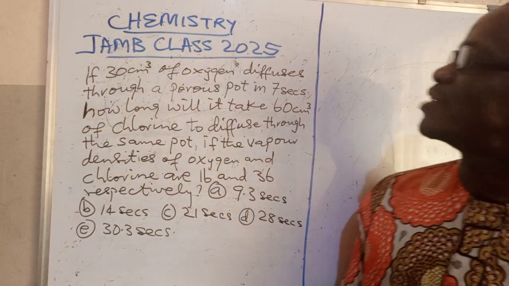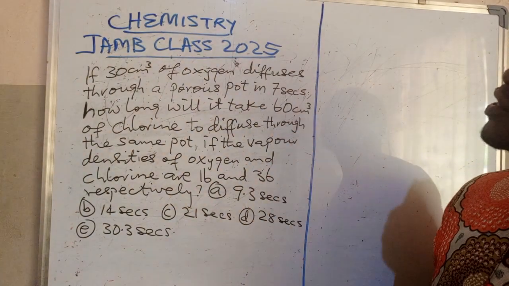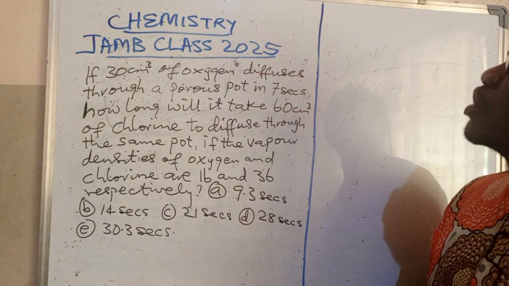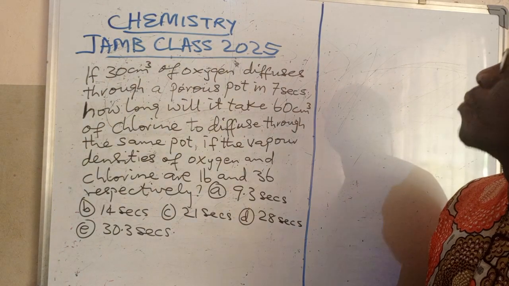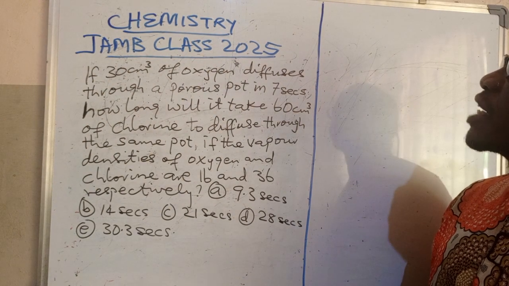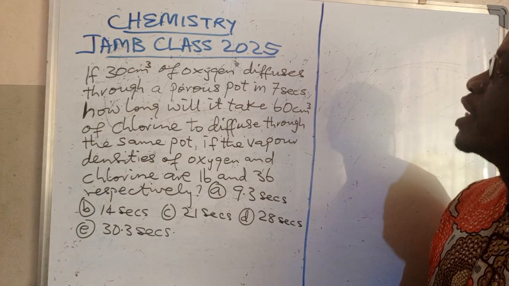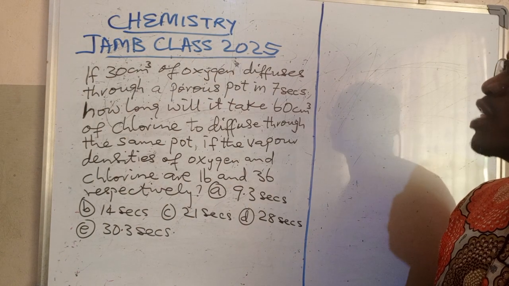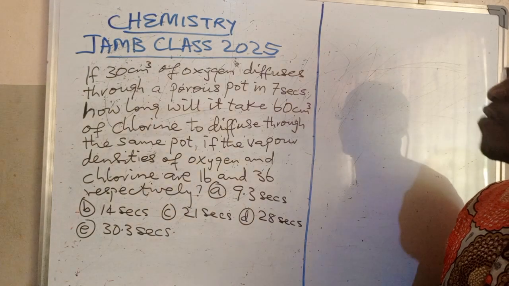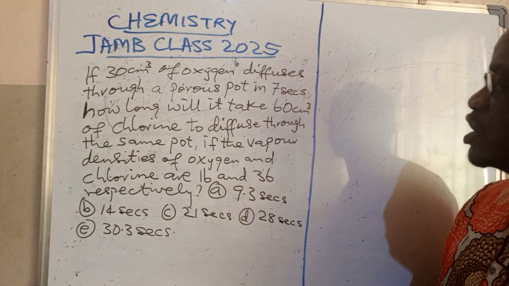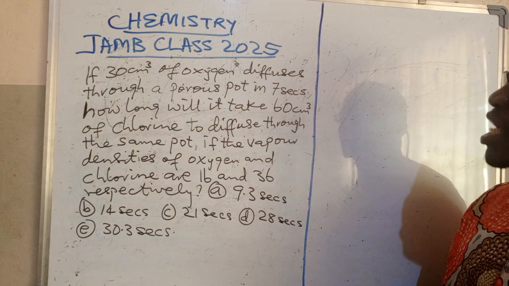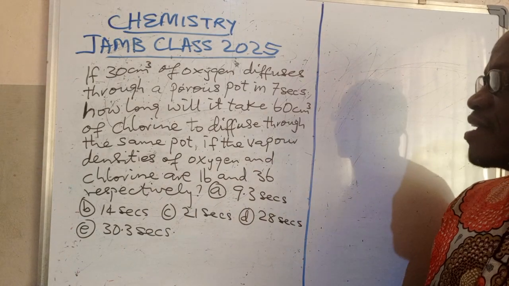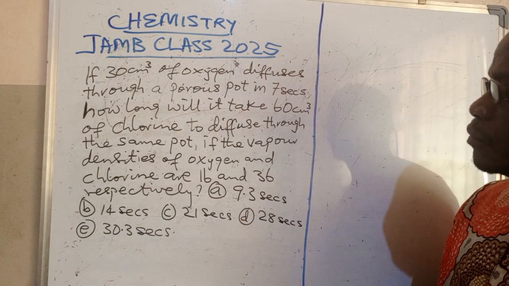So, in our class today, let's solve this problem. The question says: if 30 cm cube of oxygen diffuses through a porous pot in 7 seconds, how long will it take 60 cm cube of chlorine to diffuse through the same pot if the vapor densities of oxygen and chlorine are 16 and 36 respectively?